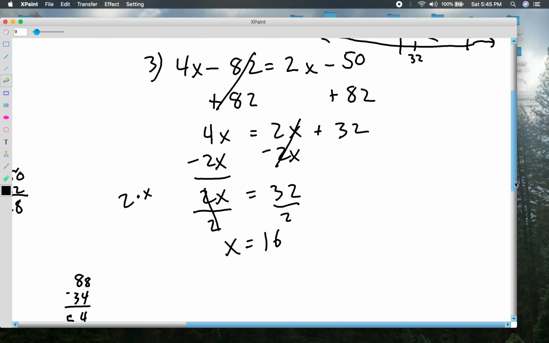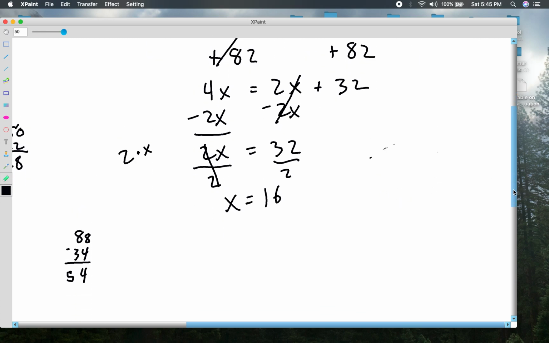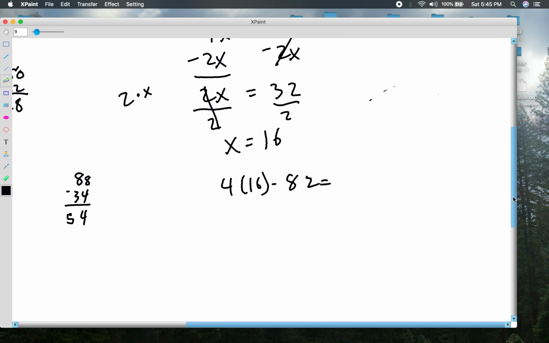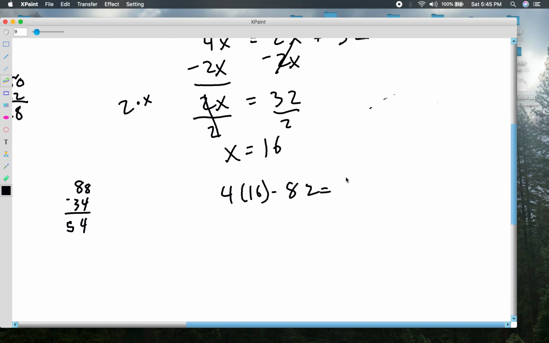All right, well, let's see if that's actually the case. Let's do this. 4 times 16 minus 82. Oh, that doesn't look like I have enough space there. I'll just go down instead. So 4x minus 82, 4 times 16 minus 82 equals 2 times 16 minus 50.